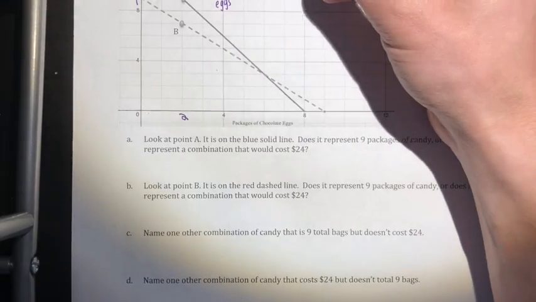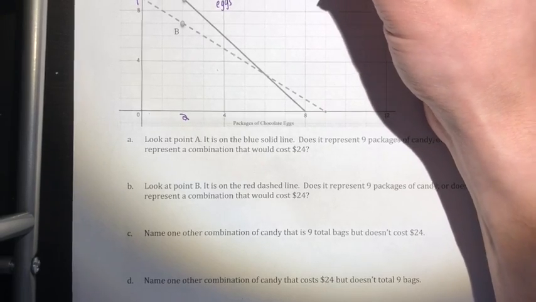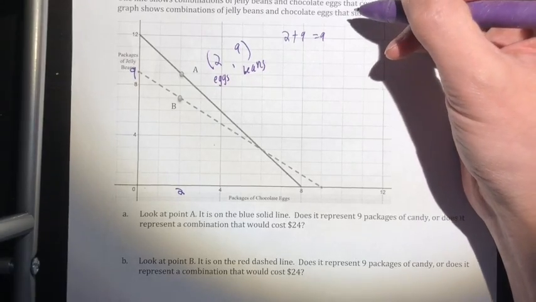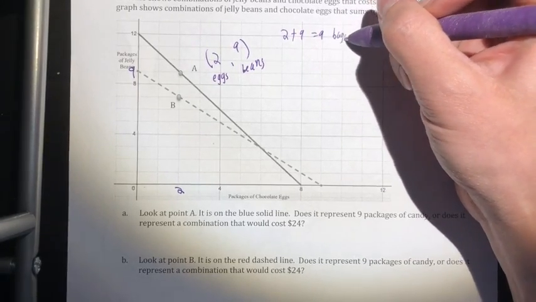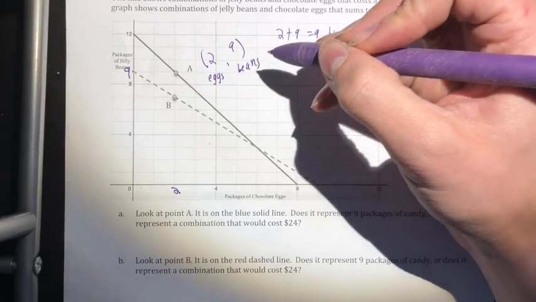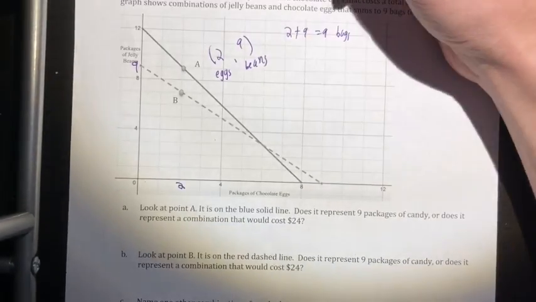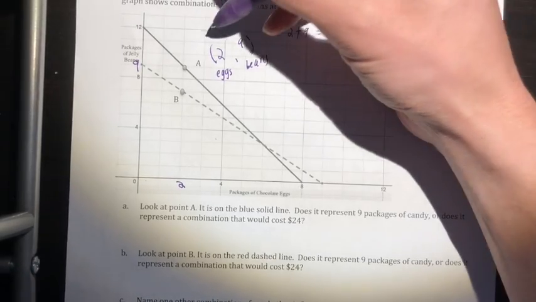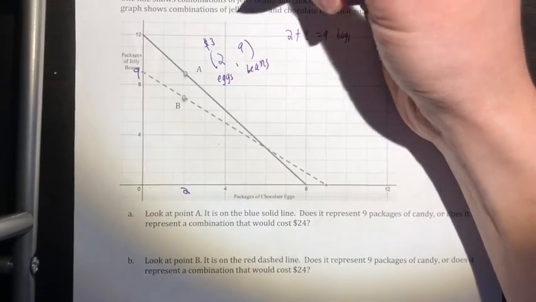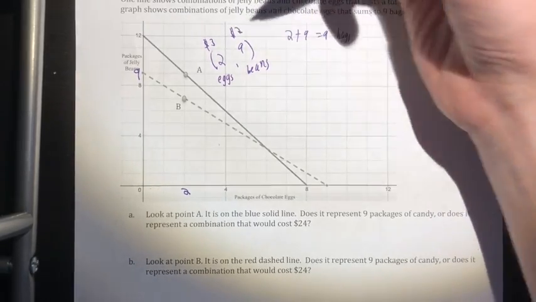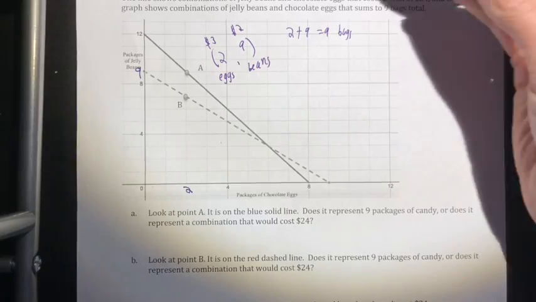Now, does 2 plus 9 get you 9 bags? Or does, let's see, eggs cost $3 and beans cost $2. So does $3 for 2 bags of eggs and $2 for each of 9 bags of beans total $24?